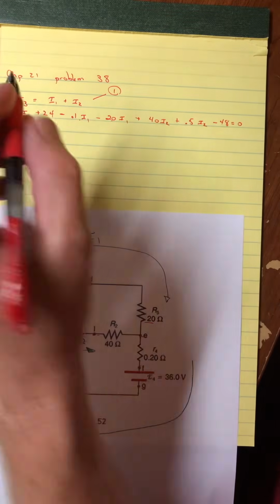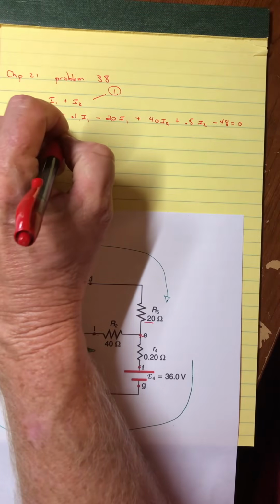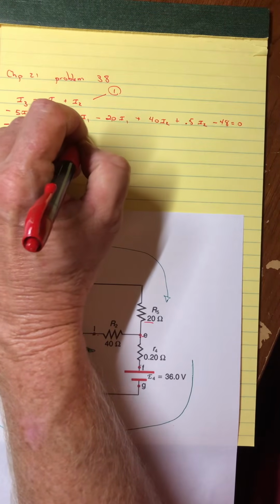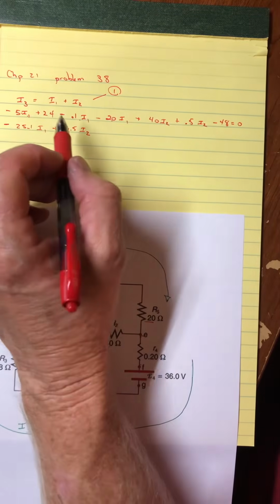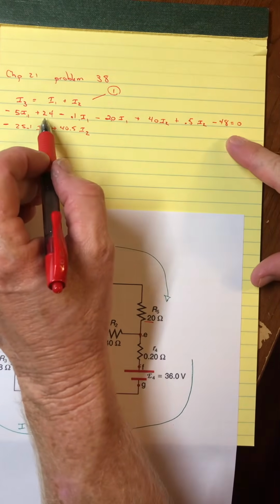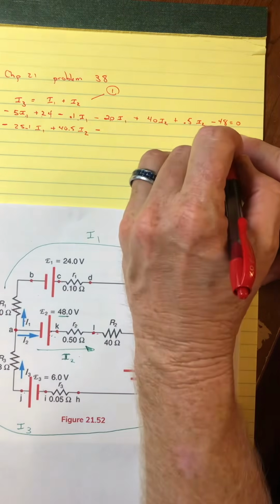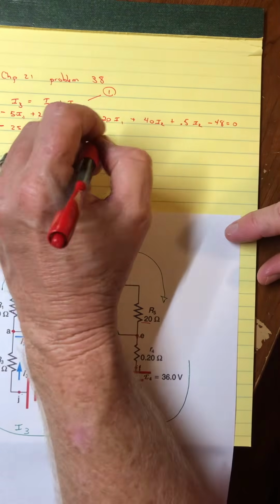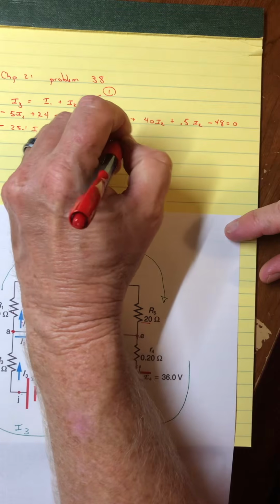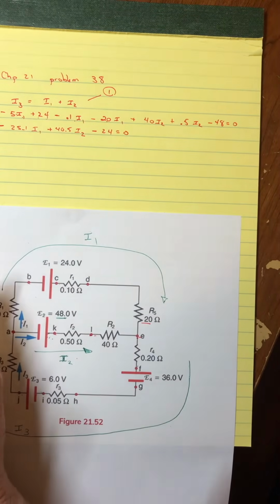There should be 2 of them here, yeah. So there'd be plus 40.5 I2. Okay, and then we can put our numbers together, and it looks like a plus 24 with a negative 48 leaves me with a negative 24, and that equals 0.